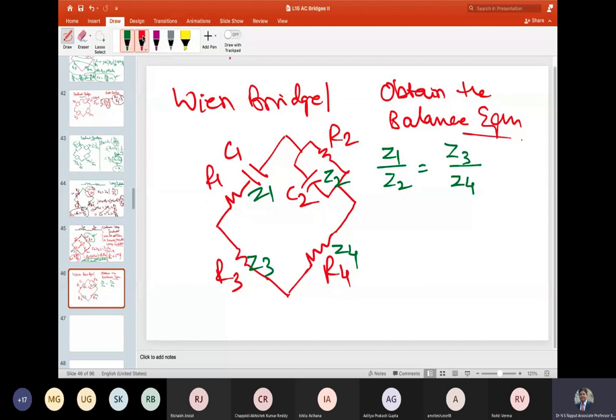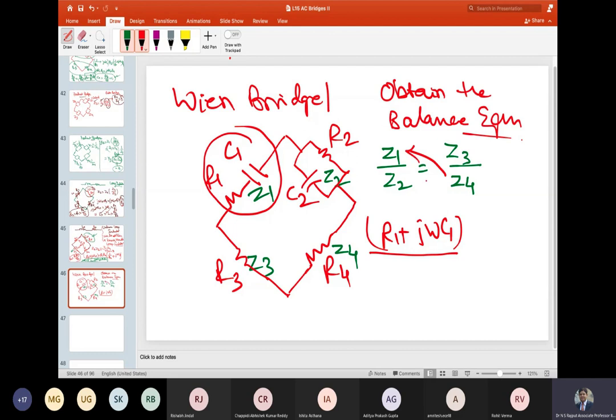Regarding the Z1 component, Z1 will be R1 plus 1 by j omega C1, divided by, let's take Z4 here and Z2 here, Z4 is R4.